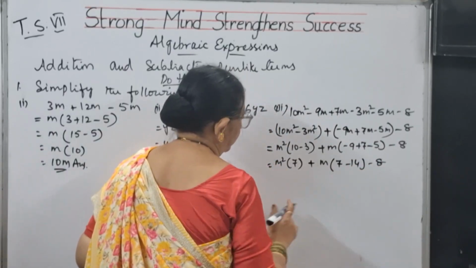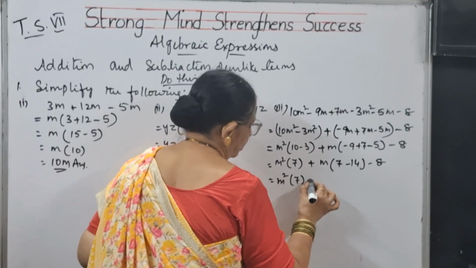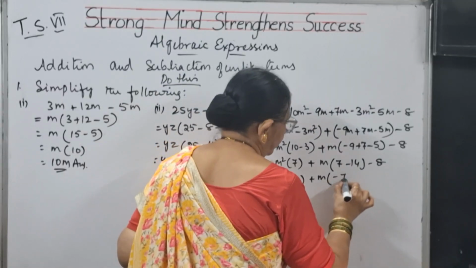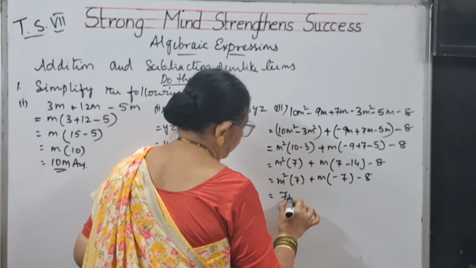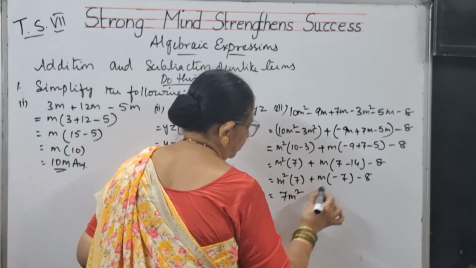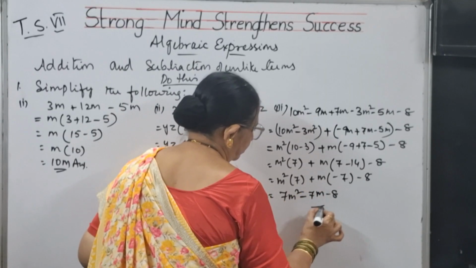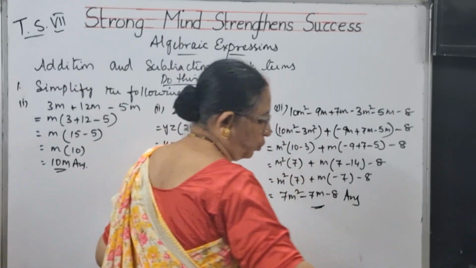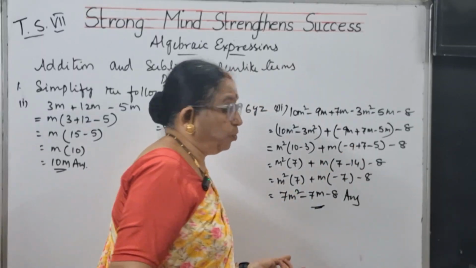Still you have brackets, you have to open them. m square into 7 plus m into minus 7, and you will be getting minus 8. So this is 7m square minus 7m minus 8. This is the answer.